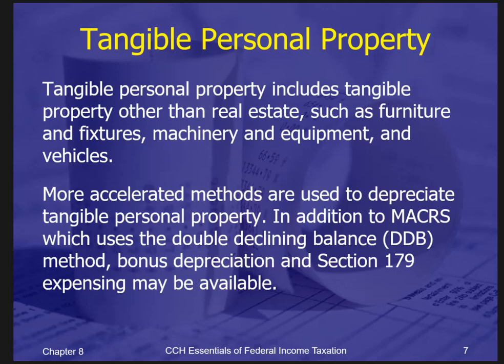That's the part that you are familiar with. But there's also bonus depreciation and Section 179 depreciation, all of which is designed to allow companies to depreciate more than you would normally do for financial reporting purposes.